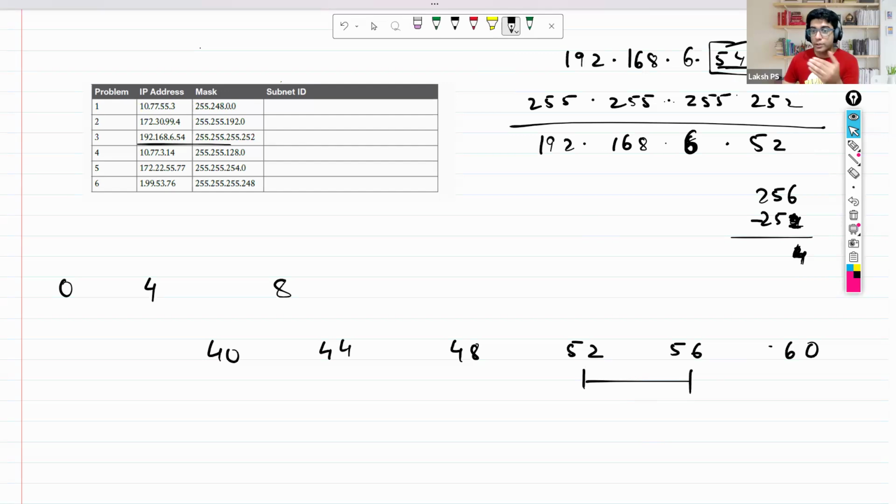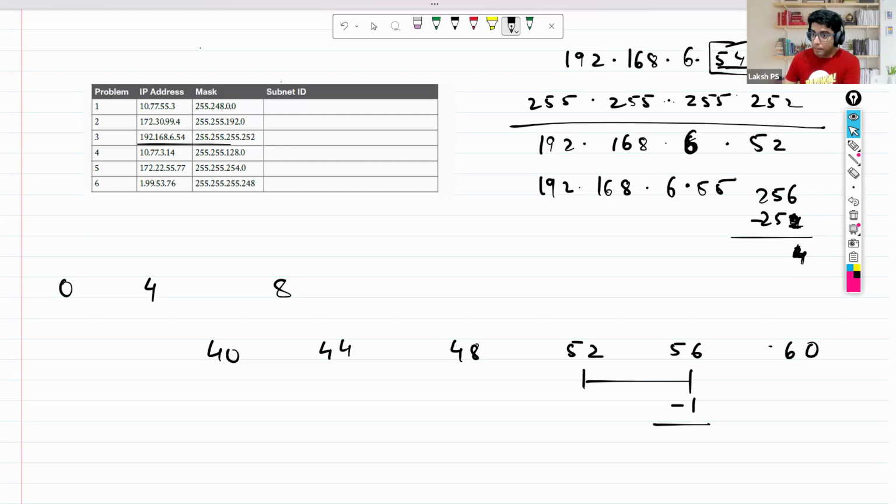And what is going to be the broadcast ID? 192.168.6, then 56 minus 1, that is 55. So this is a very good example where for a subnet ID, 0 is not necessary, and for a broadcast ID, 255 is also not necessary. It is completely based on the address mask that you use.